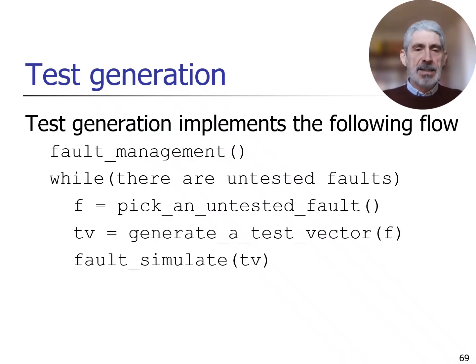The body of this loop is composed of three steps. The first step corresponds to selecting one still untested fault. At the beginning, all faults are untested. I will select one fault, and then I will pass it to the second step, in which some software procedure will generate a test vector able to detect this fault. Now, this test vector may be able to detect further faults, as we saw.